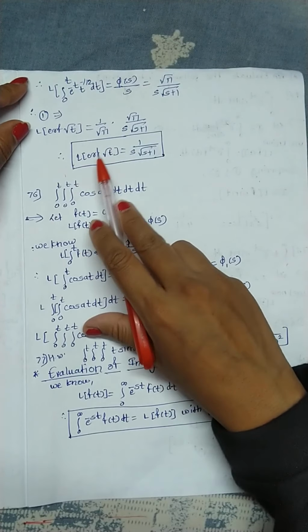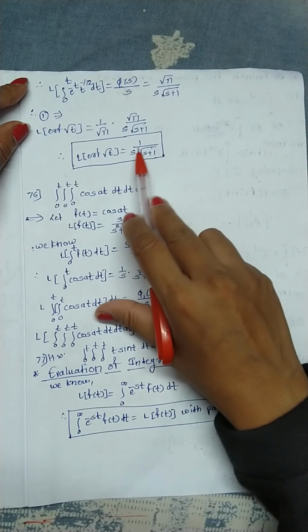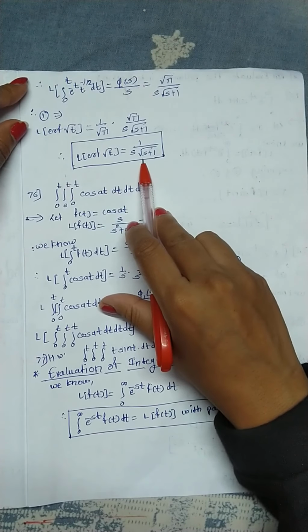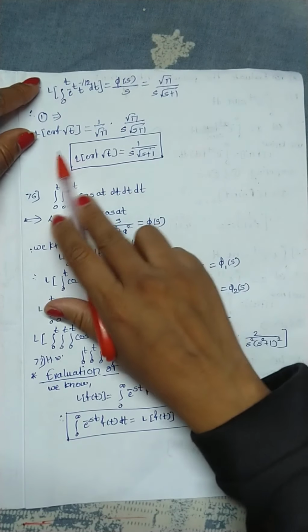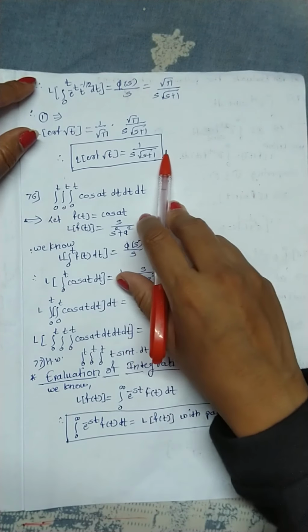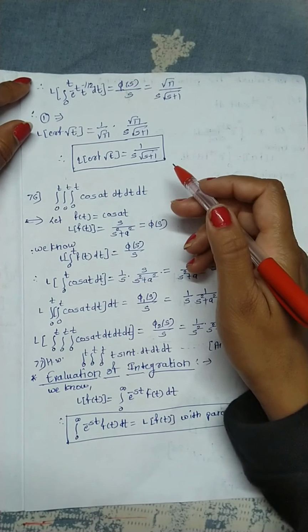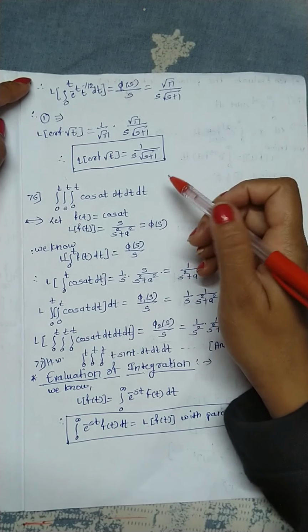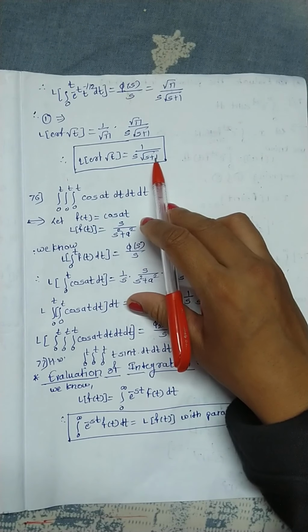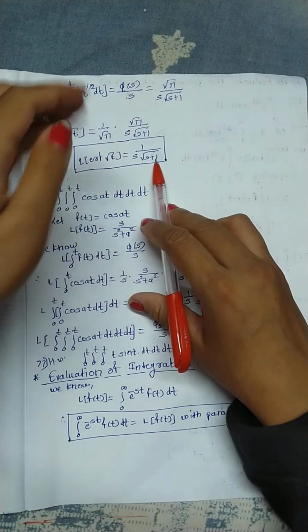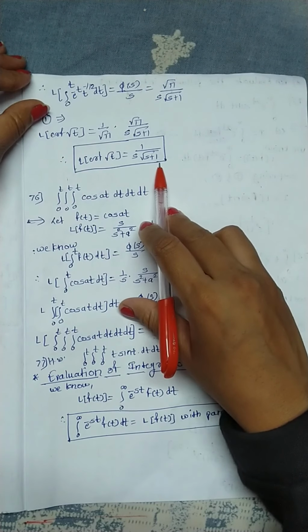That's why the Laplace transform of error function is nothing but 1 upon s under root s plus 1. Okay, you have to mug up this formula, because in so many examples where the error function is there, you have to use this Laplace directly sometimes. That's why you have to know what the error function and its Laplace are.